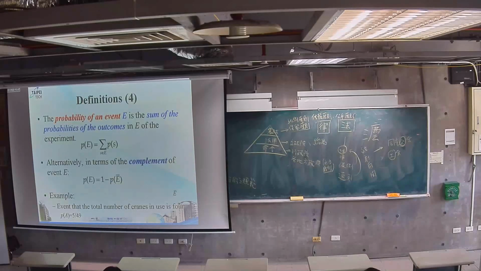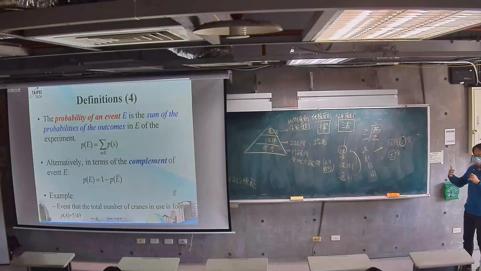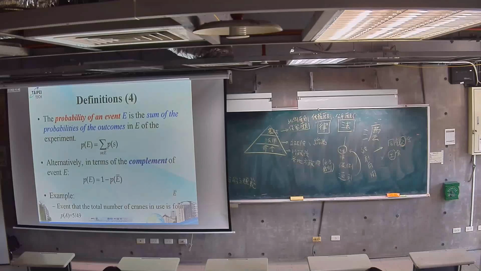We can simply use this way to define the probability of an event. It's just a quick review. I think most of you have learned this. It's actually just the concept of functions and subsets, and we just combine these two.